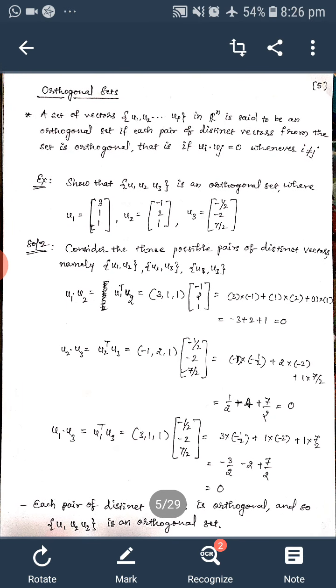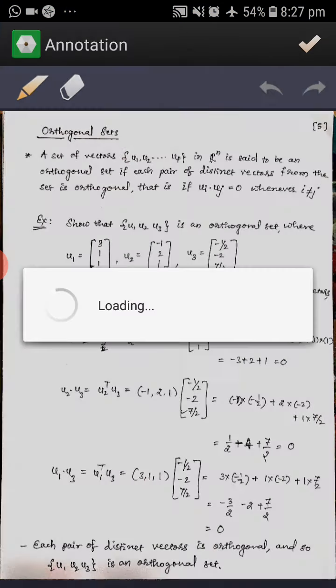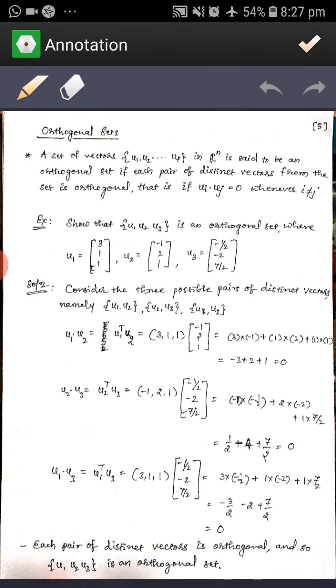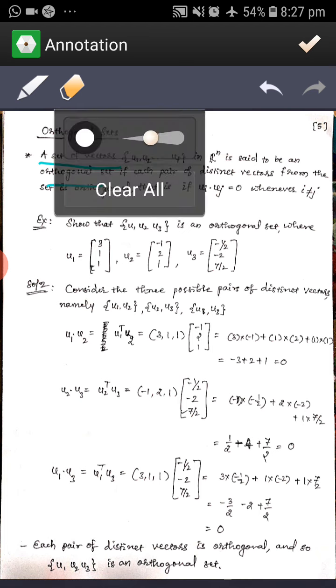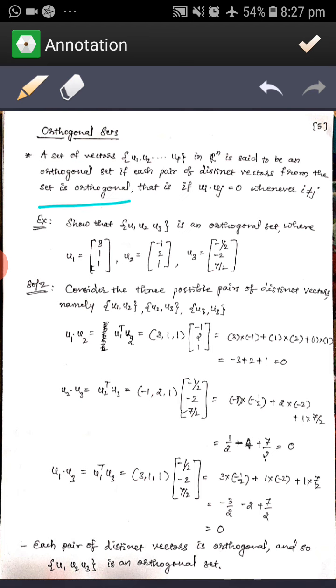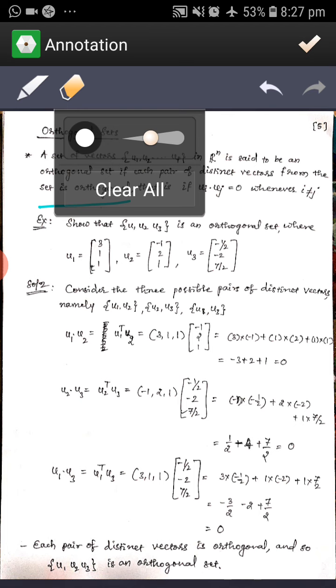Then what are orthogonal sets? We have seen orthogonal vectors, but here it is a set of vectors. A set of vectors u1 to up in Rn is said to be an orthogonal set if each pair of distinct vectors is orthogonal. That is, ui dot uj is equal to 0 whenever i is not equal to j.